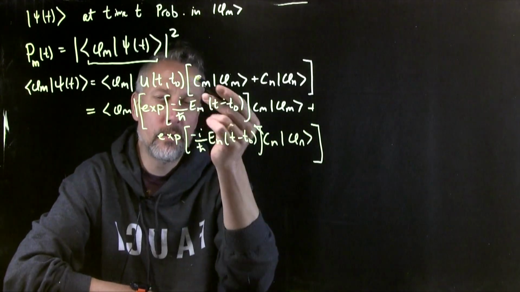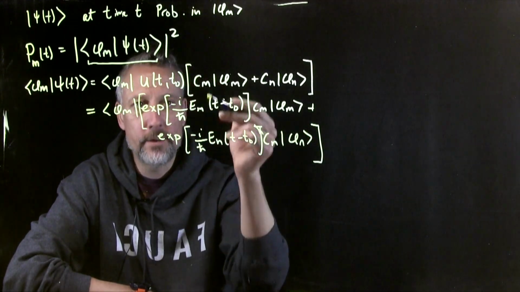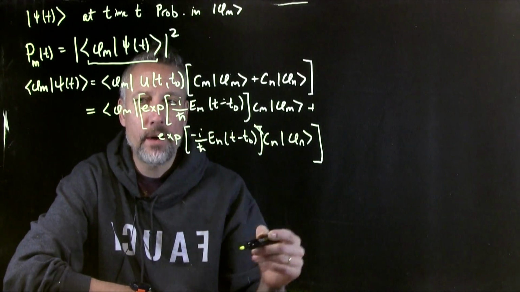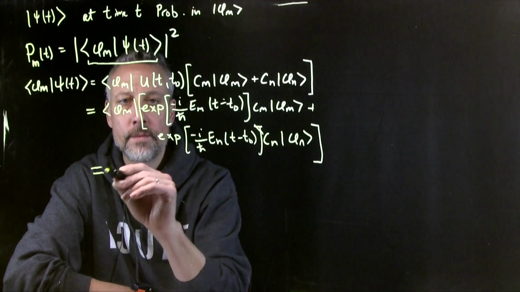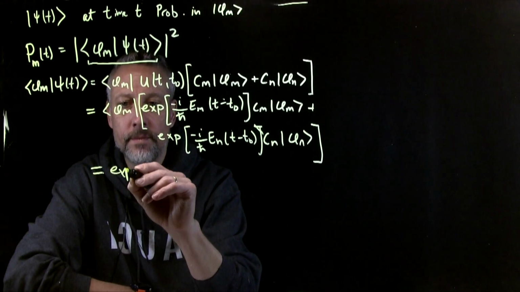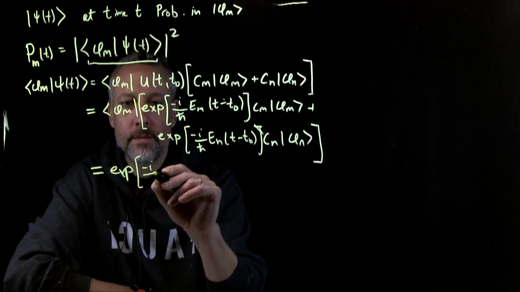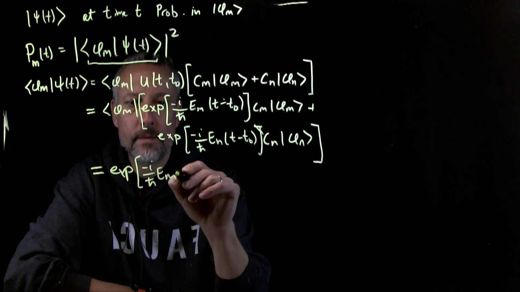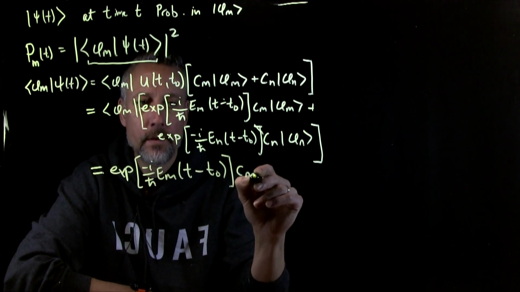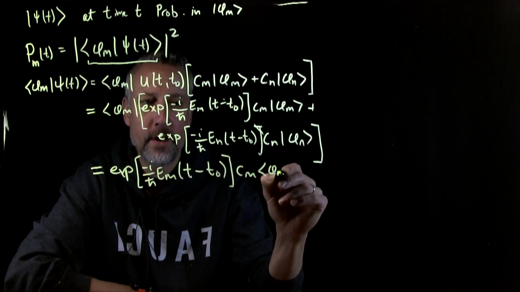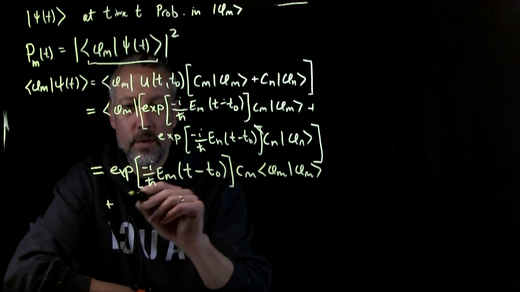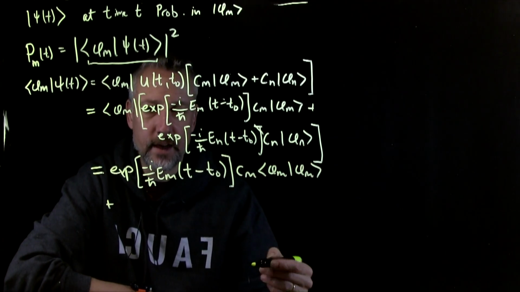Okay, so we just wrote what U is, knowing that the H is going to turn to the E's. All right, then we bring in the vector part, and we have this exponential part. Cm, and then phi m, which is equal to 1, plus exactly the same thing, but for the n case.